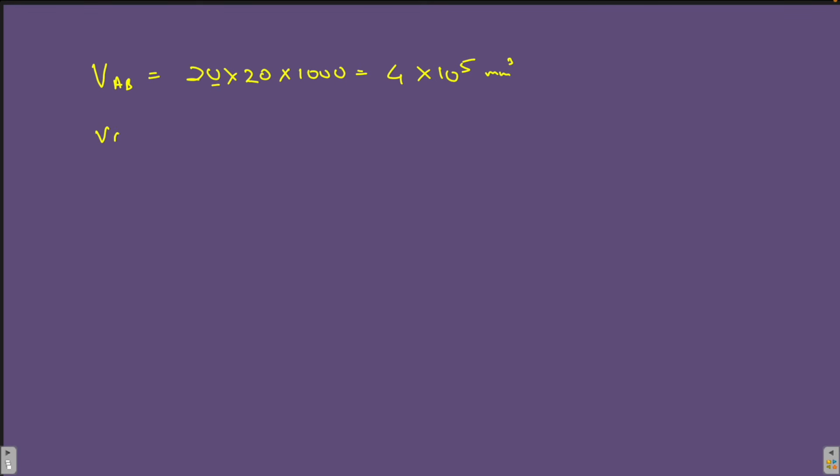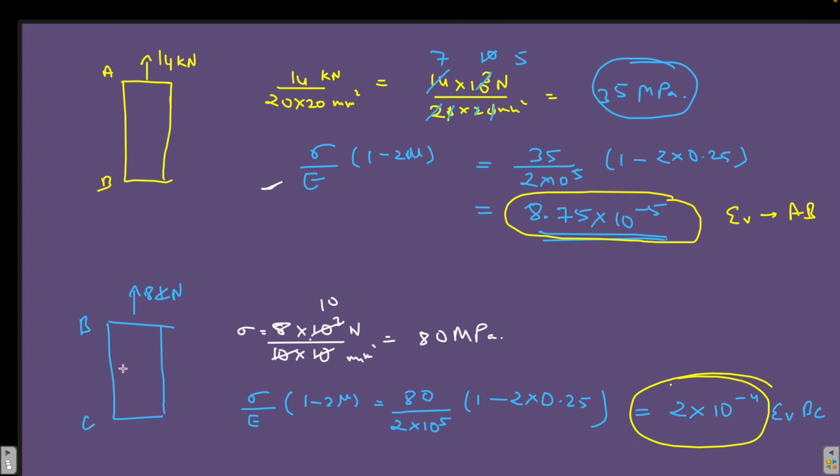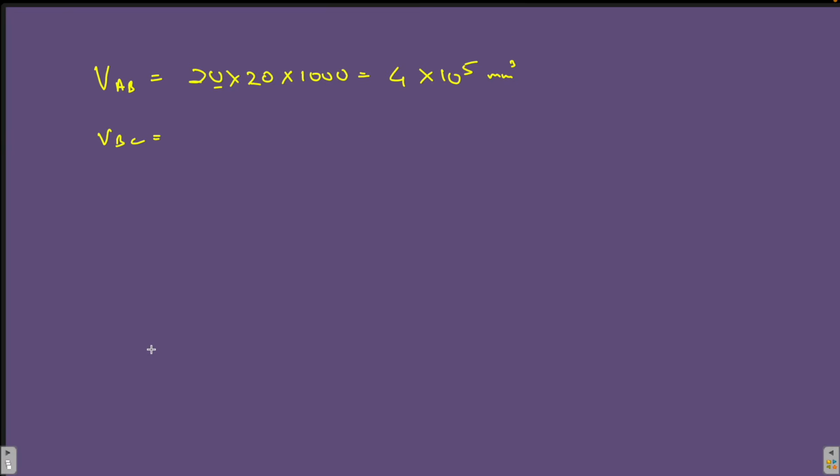Now volume of BC will be how much? See, the cross sectional area of BC was 10 into 10, if you remember, and the length was 1 meter, so it is 1000 millimeter, which will give you 10 to the power 5 millimeter cube. That is the volume of BC.